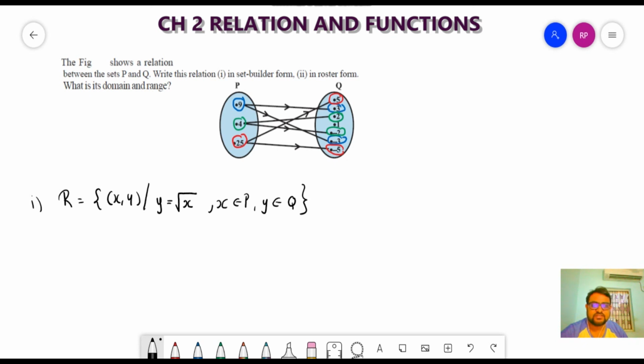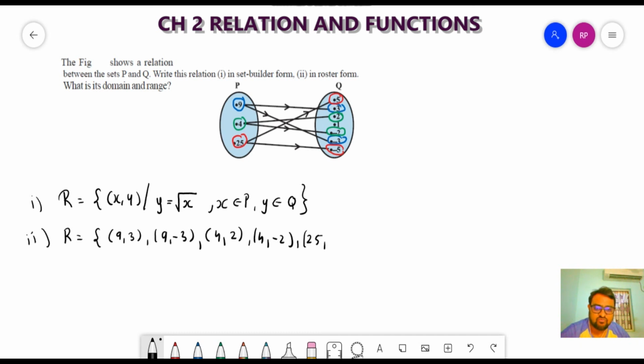So this is the set builder form. Second, in roster form, that means R is equal to {(9, 3), (9, -3), (4, 2), (4, -2), (25, 5), (25, -5)}.